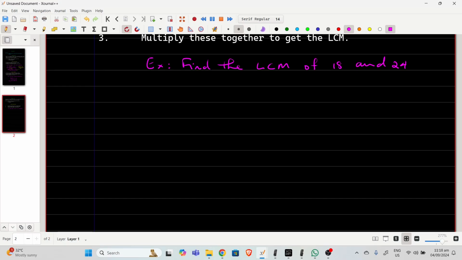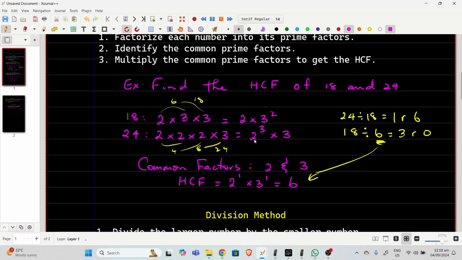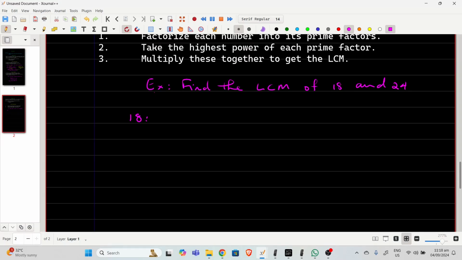All right, so first prime factors, so we say 18 has prime factors. Now we already know the prime factors of 18 and 24: 2 times 3 to the second power for 18, and for 24 it's 2 to the third power times 3.